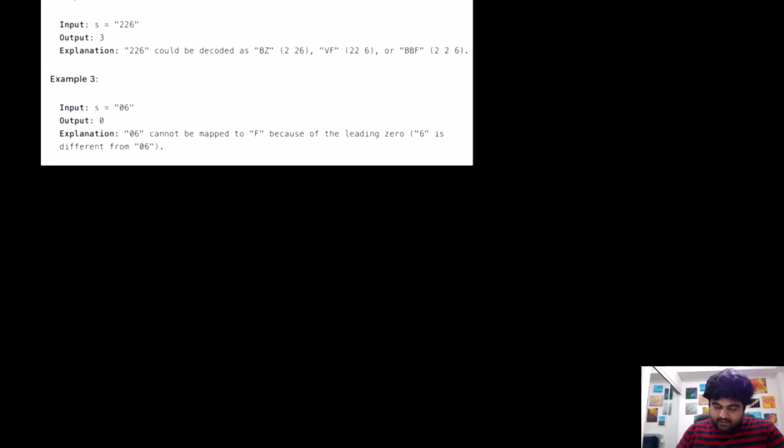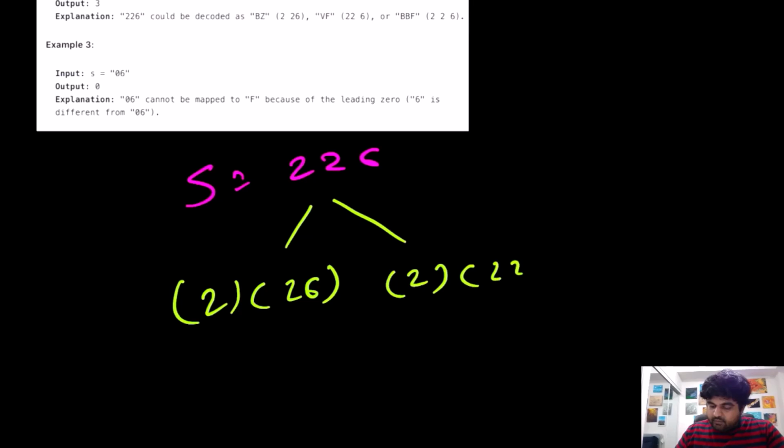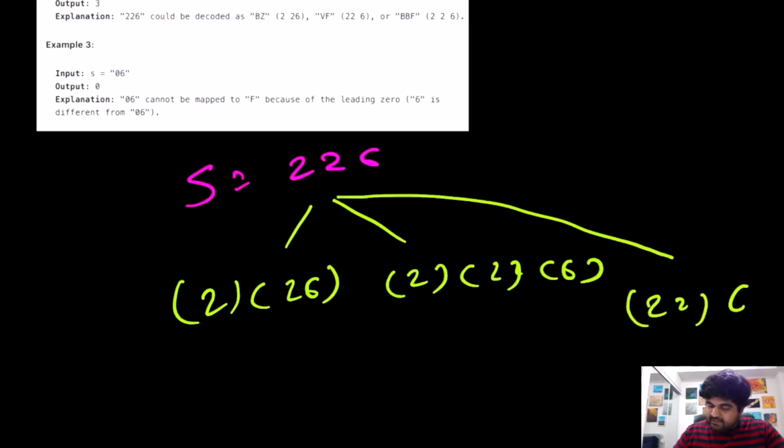Let's take another example. Suppose our given input S is equal to 226. How many different ways can we decode this one? One way is 2 and 26. The second way is 2, 2 and 6. The third way is 22 and 6.